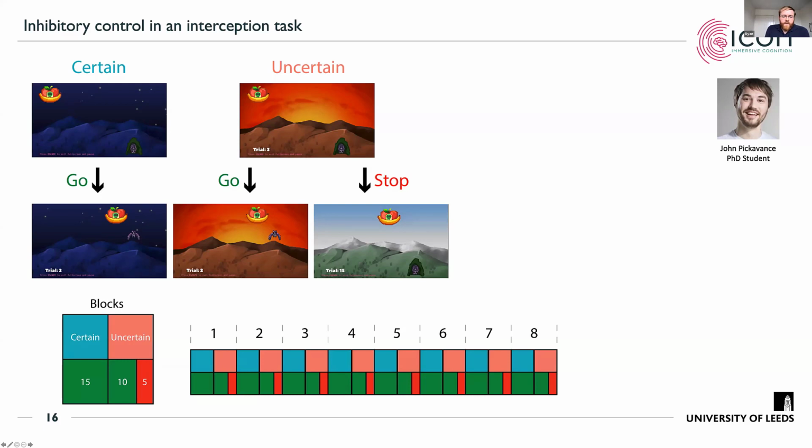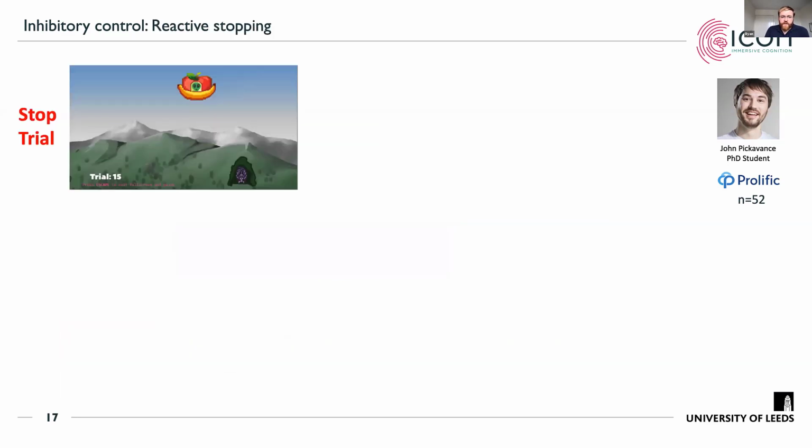These are randomly interleaved, but out of the uncertain trials, 5 of the 15 are stop trials. So 33% of your uncertain trials are stop trials, which is really important for these designs. And then we have 8 blocks of trials. For all the data I'm going to show you, for the most part, we're showing 52 people that we collected off of Prolific.